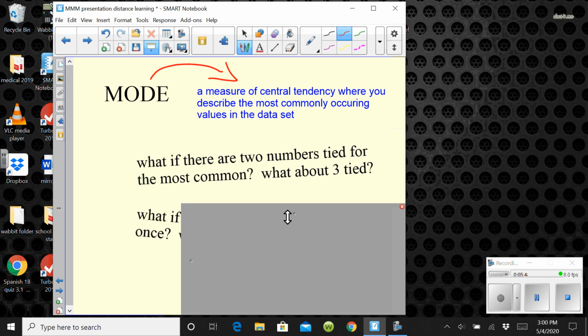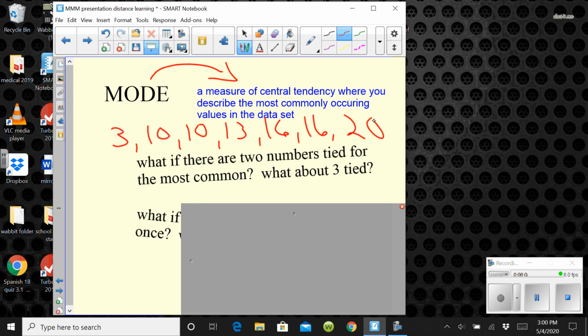Question: what if there are two numbers tied for the most common? What if your data set is 3, 10, 13, 16, 16, and 20? What's the mode now?